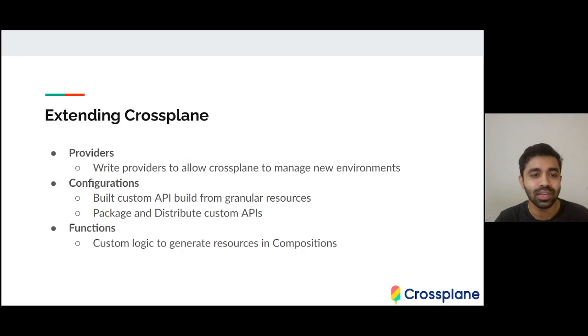So let's talk about extending Crossplane. You can create providers and teach Crossplane how to manage new systems. As long as there's an API, you can write a provider for it. Then, once you have built your custom APIs, you can package and distribute them. A collection of your custom APIs is called a configuration, and you can share them with the community as well.